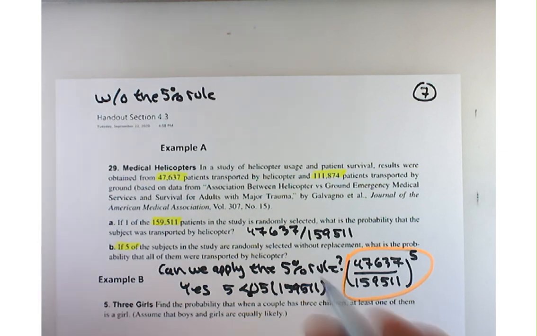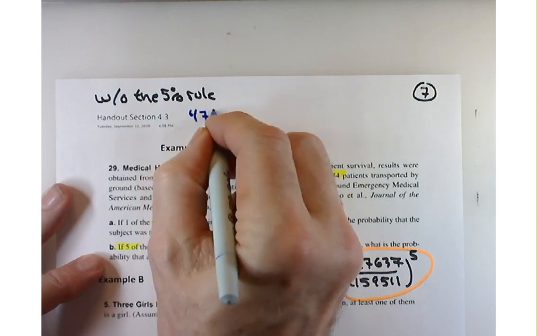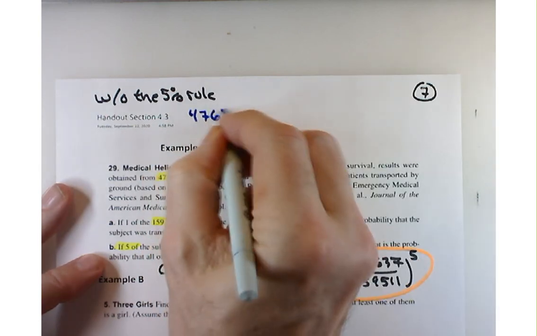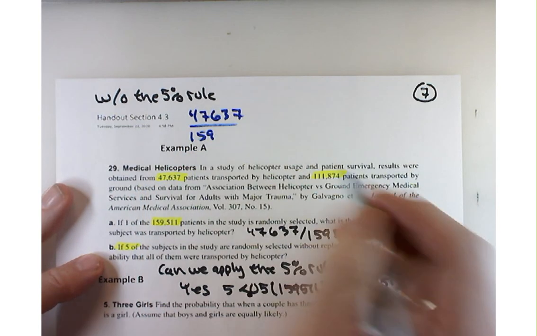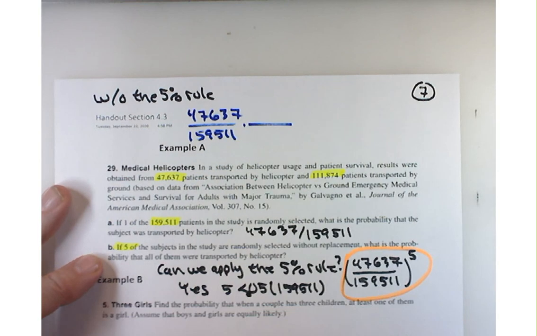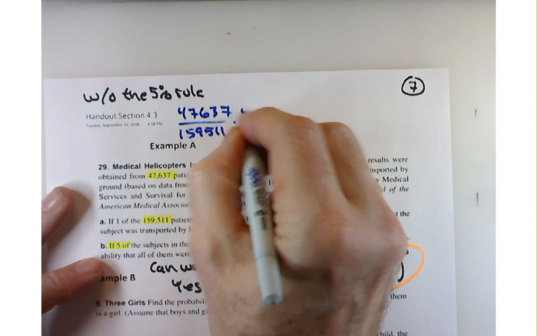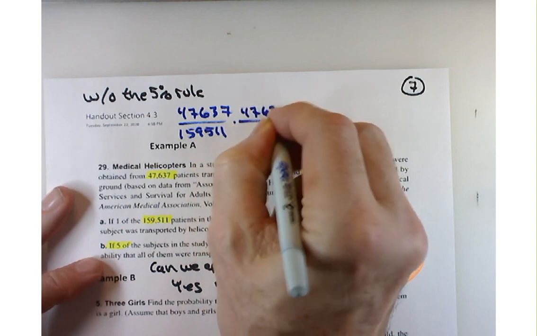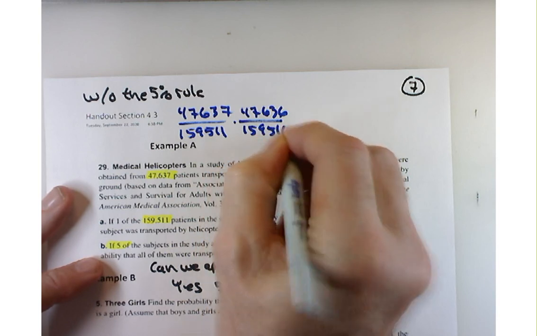So you're going to get 47,637 on the first one out of 159,511. And then if you're taking one out and you're not using the 5% rule, well, then there's 47,636 out of 159,510.